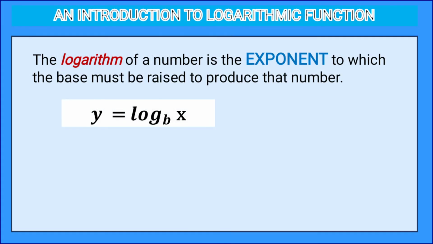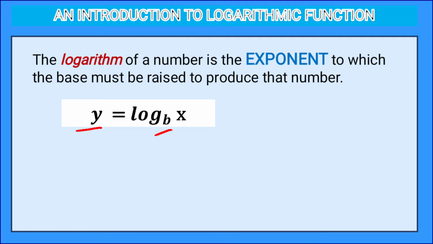And now let's move forward to defining what a logarithm looks like. The logarithm again is a number that is an exponent to which the base must be raised to produce that number. Say we have y equals log base b of x. As you can see, y is our exponent and the variable b is our base.